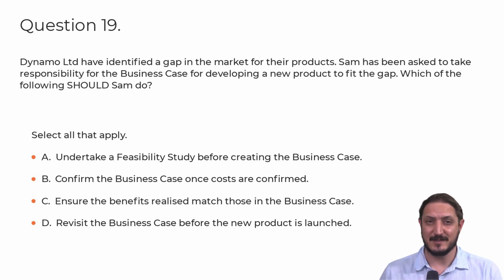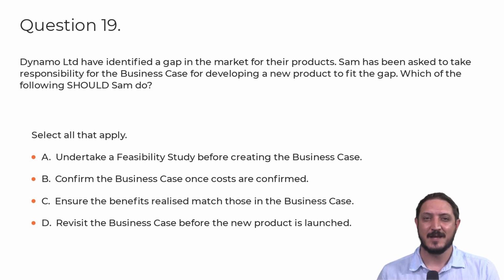So the business case, if you think of it in terms of the general context, it's seen as the justification for the project. And if we know that we can justify the project from a business case, and we can justify the costs of the project, we know that it is a viable option. It's a viable solution.